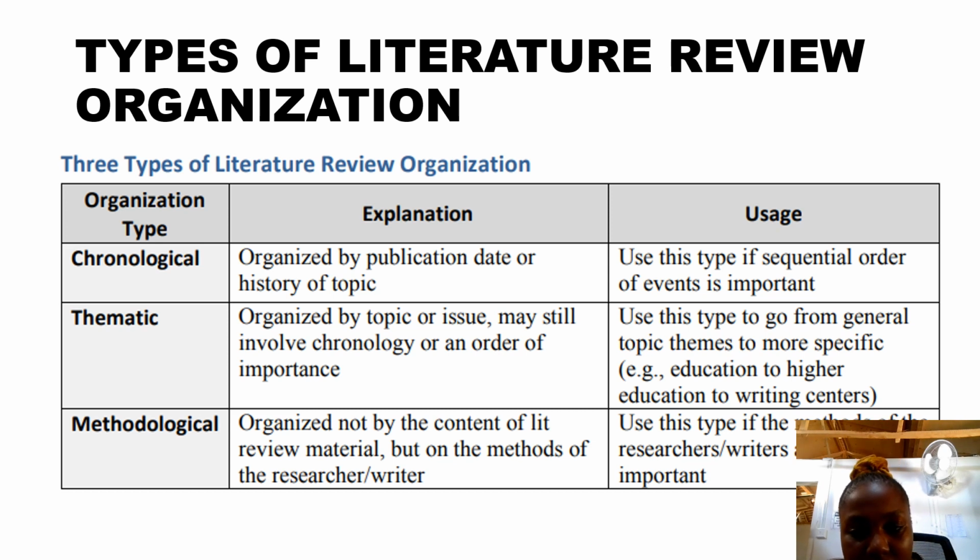For example, say you talk of time management in tertiary students. When you are writing your literature review, you start from general topics like time management. What is time management?